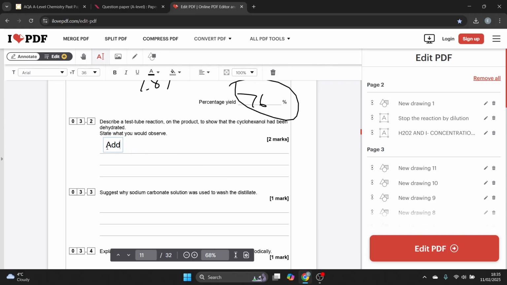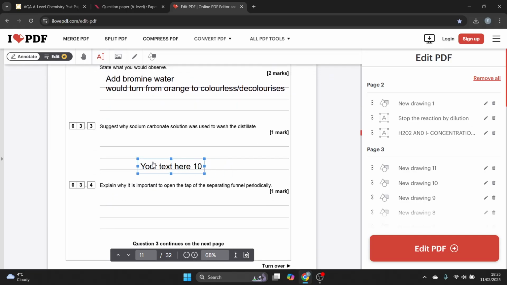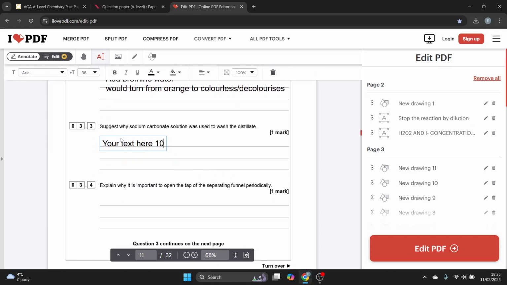And you need to be able to spot that. So add bromine water, solution D. It would turn from orange to colorless, or decolorizes.